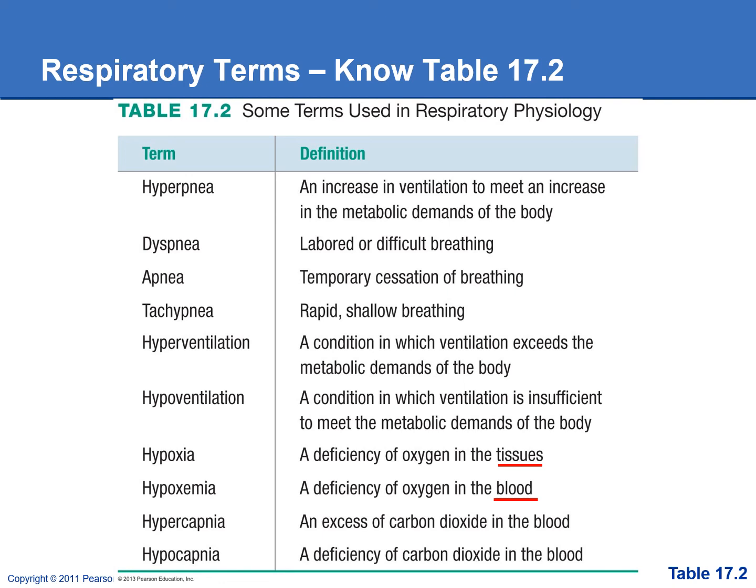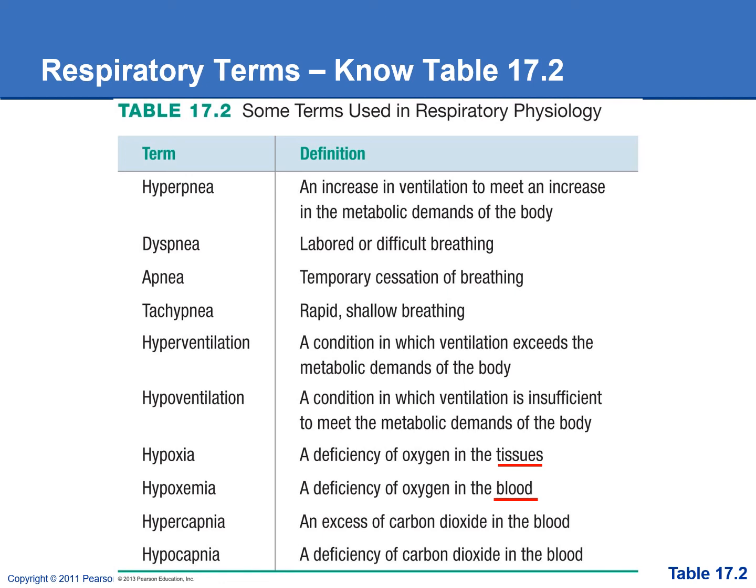Hypoventilation is just the opposite, where you're breathing too shallow and too slow to meet the demands of the body. So for example, we could see this with maybe someone took an overdose of opioids. So that suppresses the breathing center. They're breathing too slow and too shallow to meet the demands of the body, and so that's going to change the oxygen and carbon dioxide levels in the blood, and that will cause some problems too.